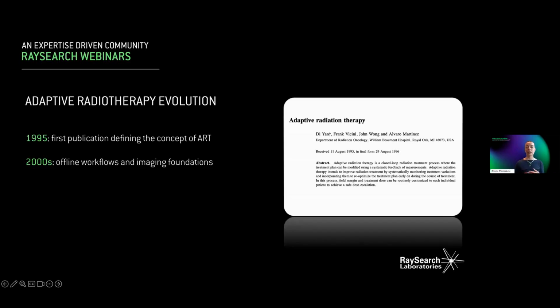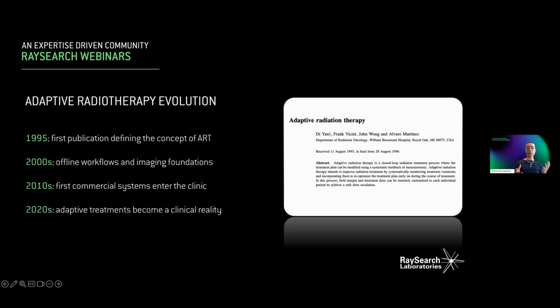We had the first onboard CBCT imaging on linacs, and that built the foundation needed for online adaptive therapy. In the 2010s, the first commercial systems entered the clinic. This is where we had the Varian Ethos and Elekta Unity, a bit more MR based, but commercially offered. And then this is where we stand now.